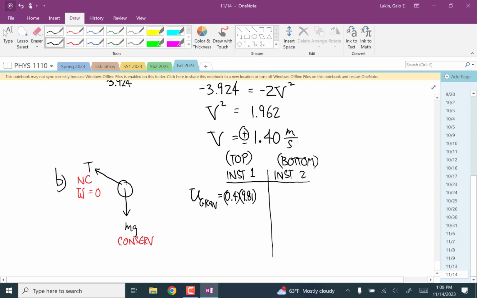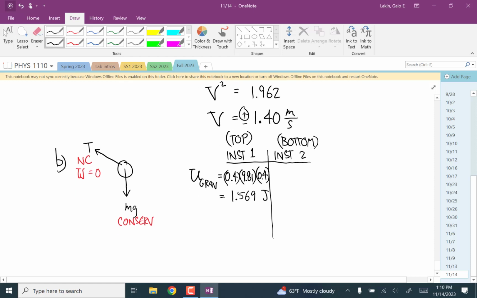It's 2 times the radius, right? Can someone multiply that for me? 1.569, and that's in joules.